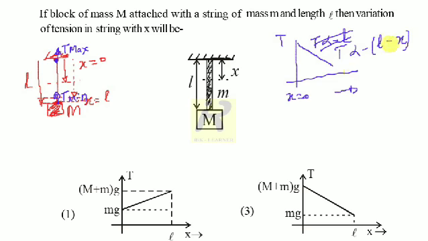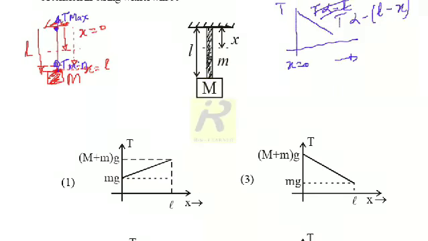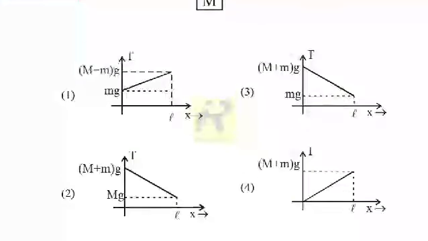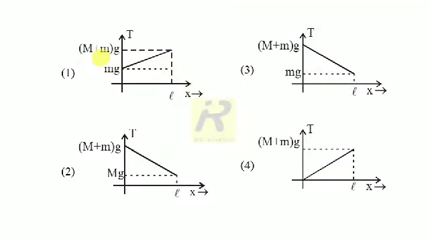When x increases from the top, L minus x decreases. That means tension also decreases. So for that reason, when you observe, we can avoid these two options, but these two options should be kept in mind.